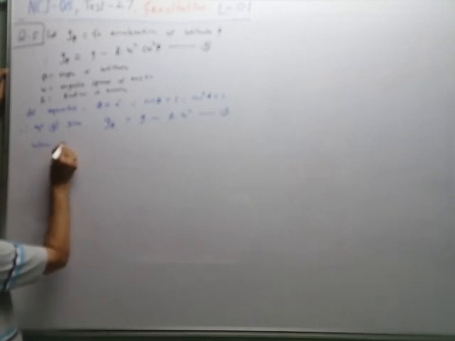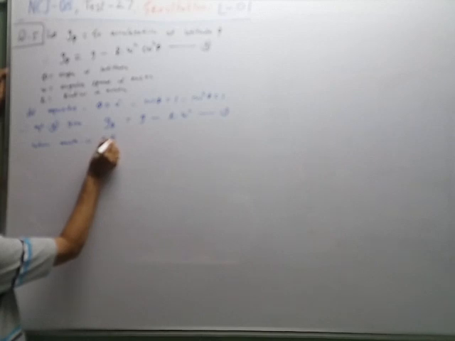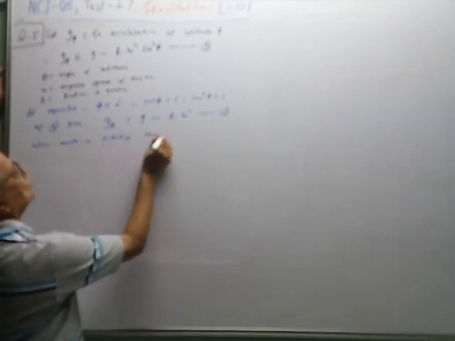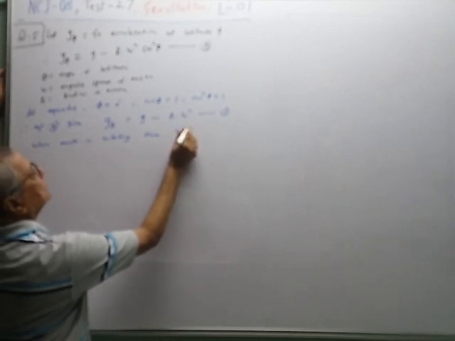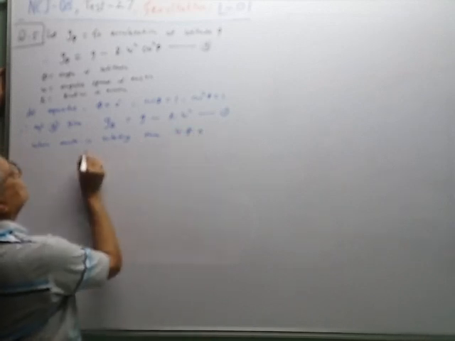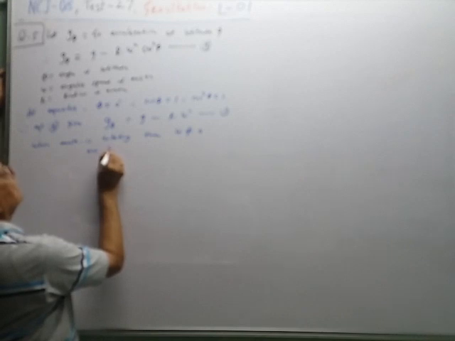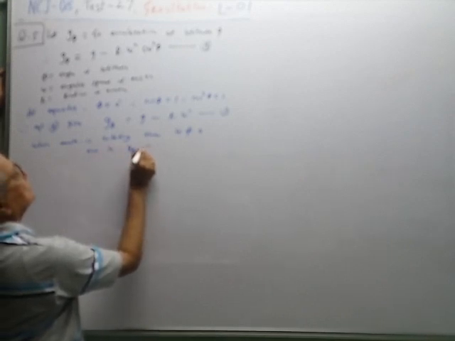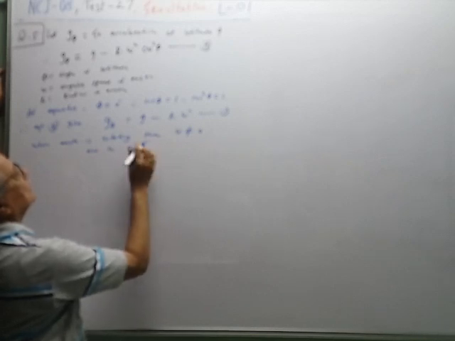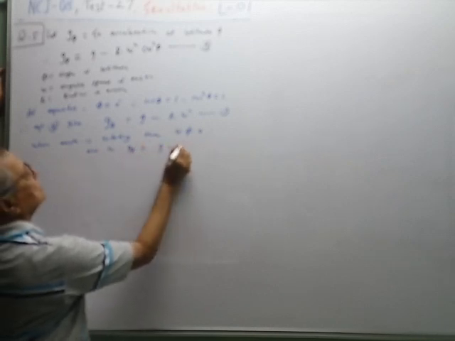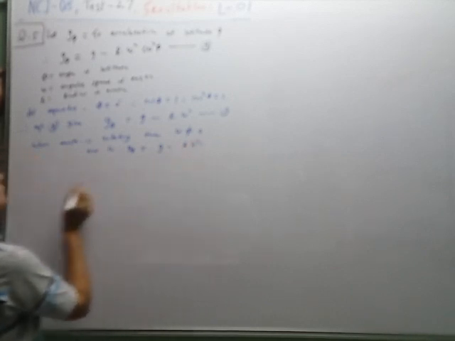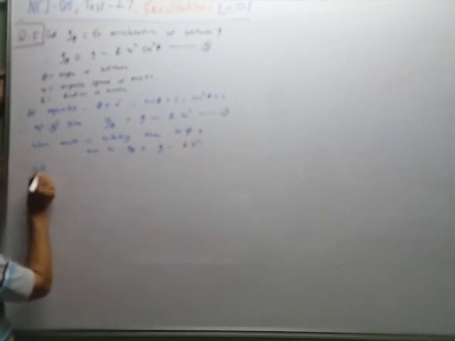When Earth is rotating, then omega is not equal to 0, and then g phi is equal to g minus R omega square.